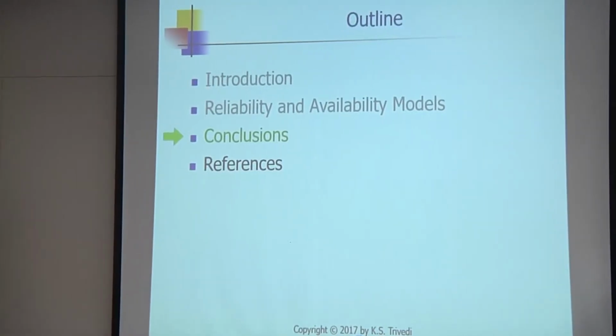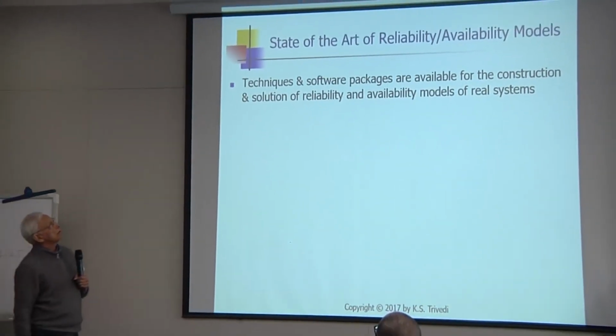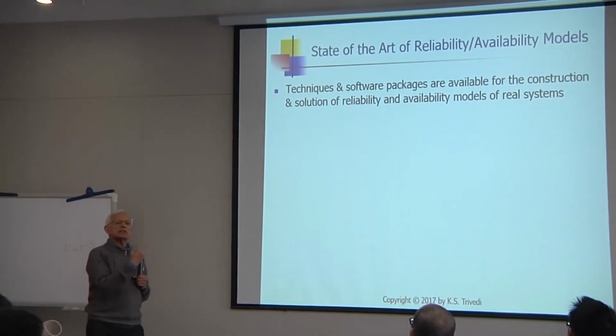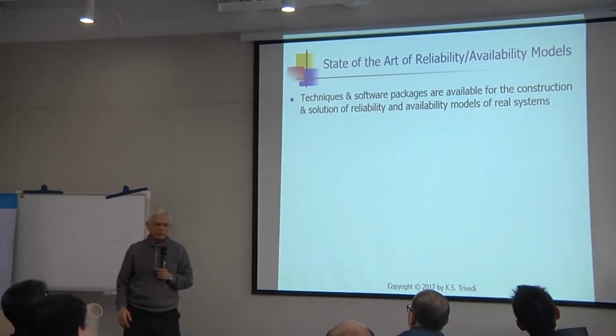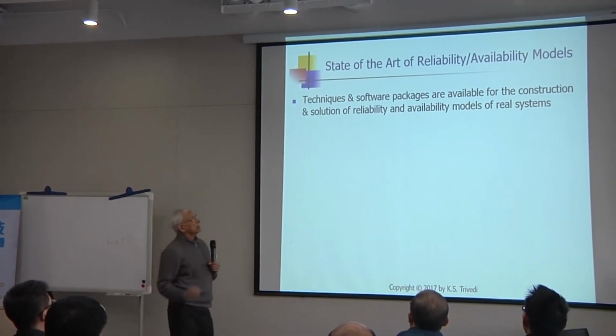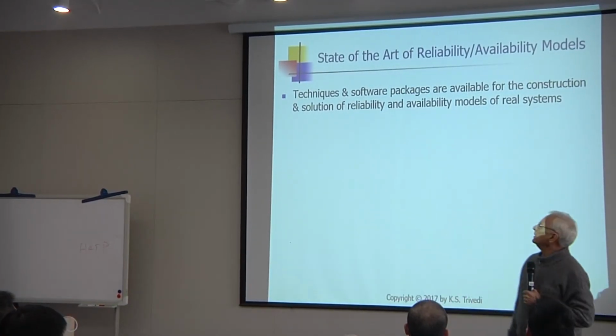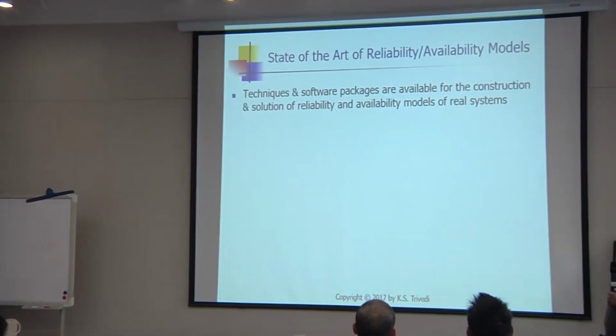So to conclude, this is what I believe is the state of the art of reliability and availability models. A similar chart can be given for performance. The techniques and software packages are available for the construction and solution of reliability and availability models of real systems.